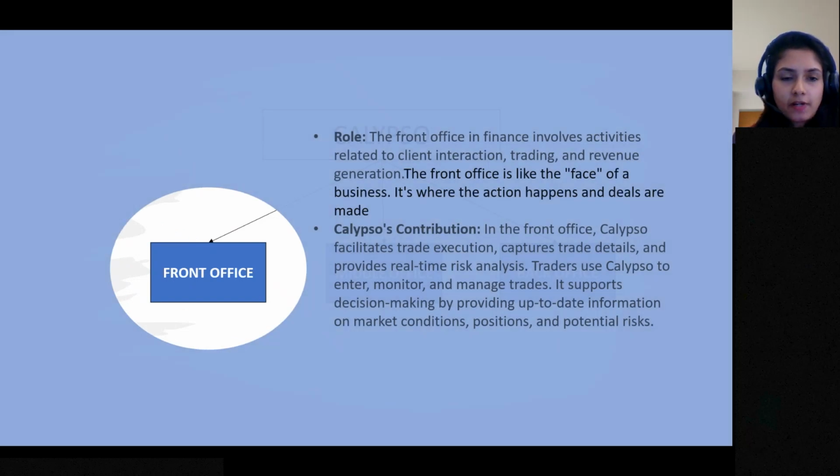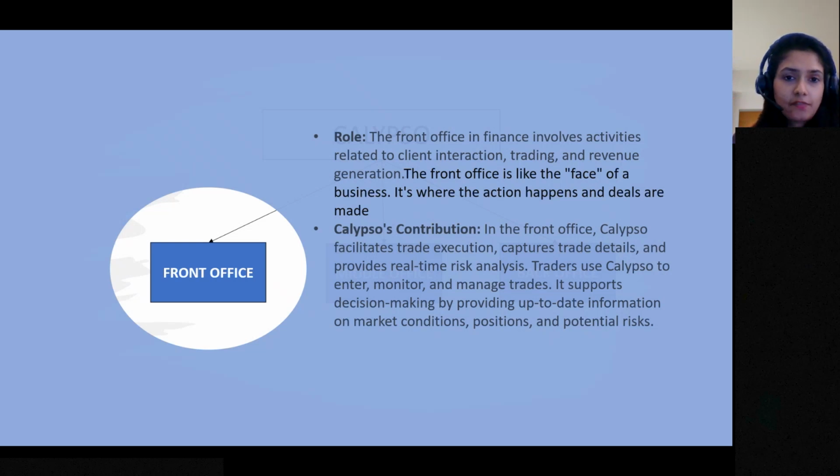Let's consider the front office as the face of the business. I have mentioned the definition and the financial terms of it. Now, if I have to explain in very simple terms, let's say we go to a bakery and want to order a croissant. We go to the front desk and ask for a croissant or a pain au chocolat. The person representing the bakery at the front desk would act as the front office.